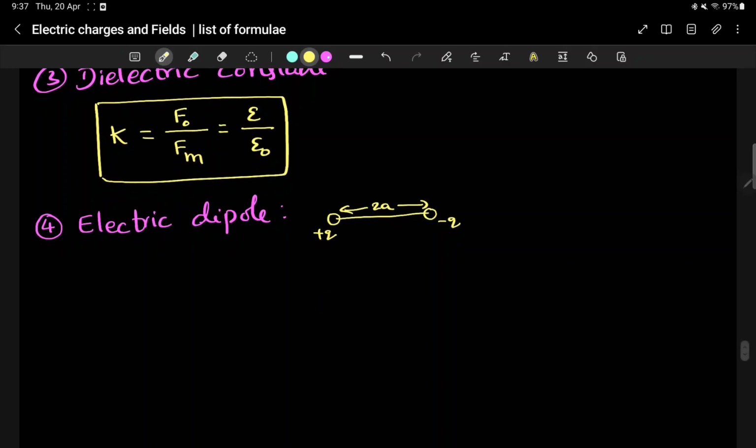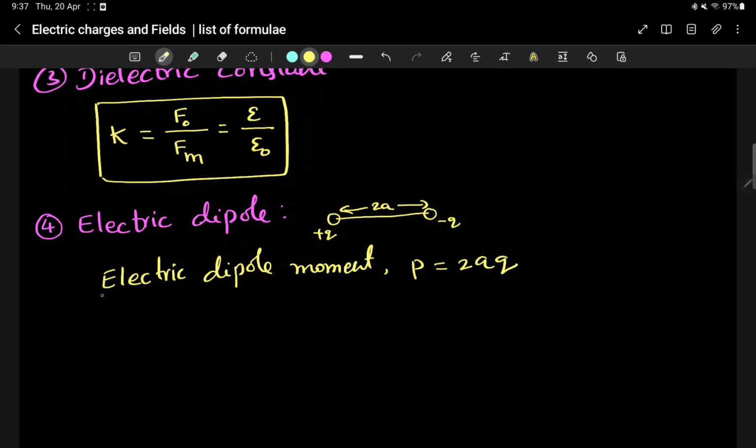Now the electric dipole moment formula. Electric dipole moment is represented by P, that is equal to 2aq.